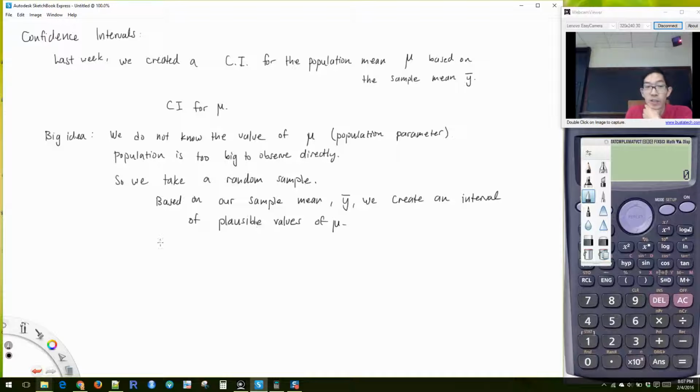And then the width of our interval is based on the variation or the spread that exists within the sample.